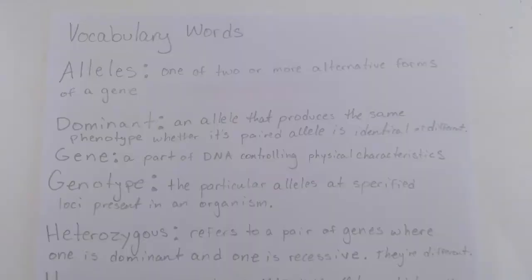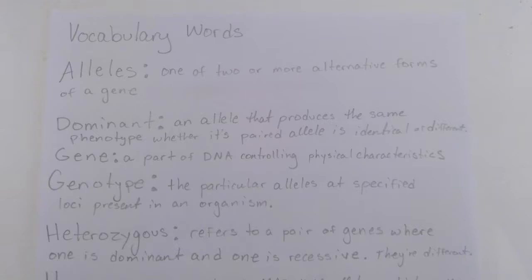Next, we should take some time to review each of our vocabulary words for the week. Alleles: one of two or more alternative forms of a gene. Dominant: an allele that produces the same phenotype whether its paired allele is identical or different.